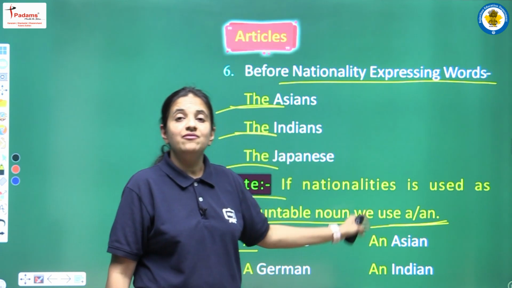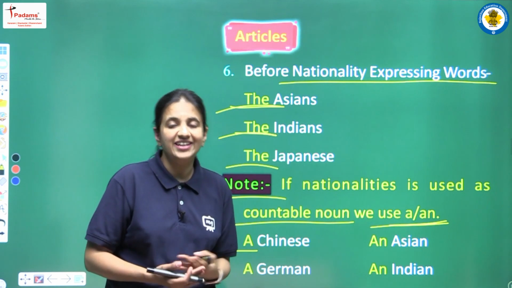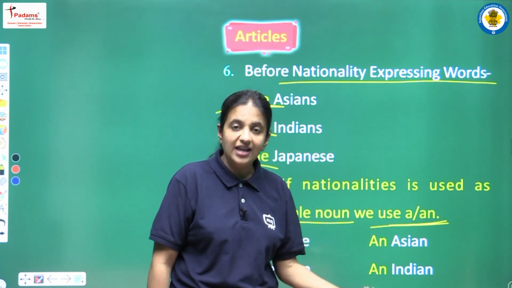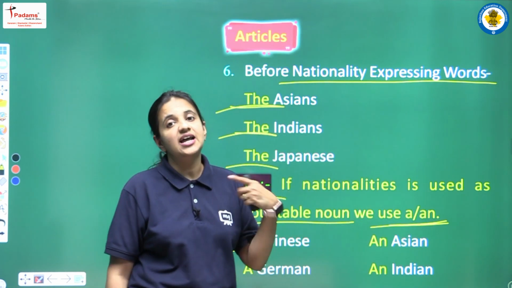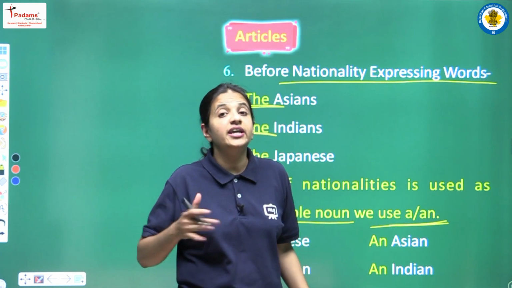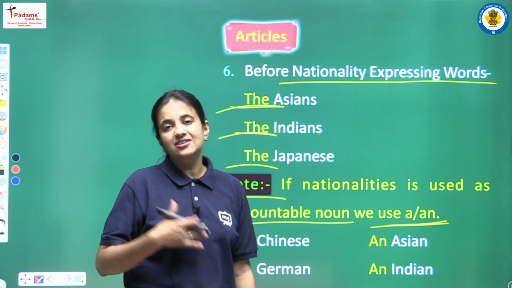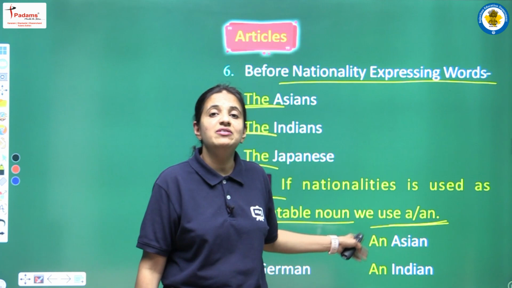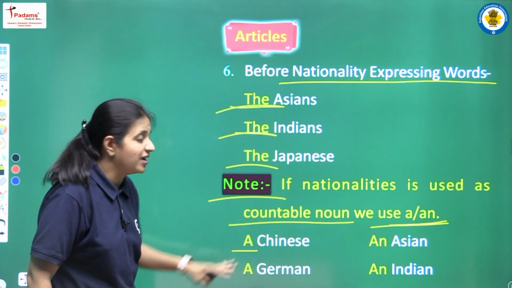But when we are having the singular form of the nationality, Indian, then we have to use a or an, and that will depend on the pronunciation, the starting sound. So here also we are having a vowel sound, right? Indian, what sound is there in the beginning? It's e. Again e is a vowel, so a vowel sound is there, and this is the reason we are having an here.